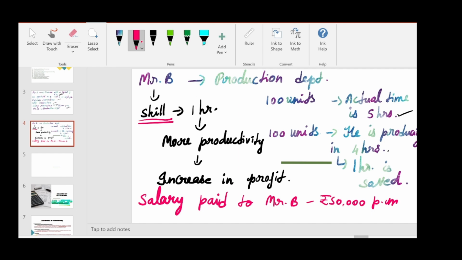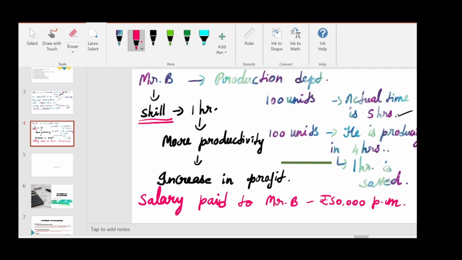Only that could be recorded in the books of accounts. Only the financial aspect of the transaction is involved. Even though the skill of Mr. B contributed significantly to increasing the profit, we cannot record it in the books of accounts because skill cannot be measured in terms of money, and it is a non-financial aspect.